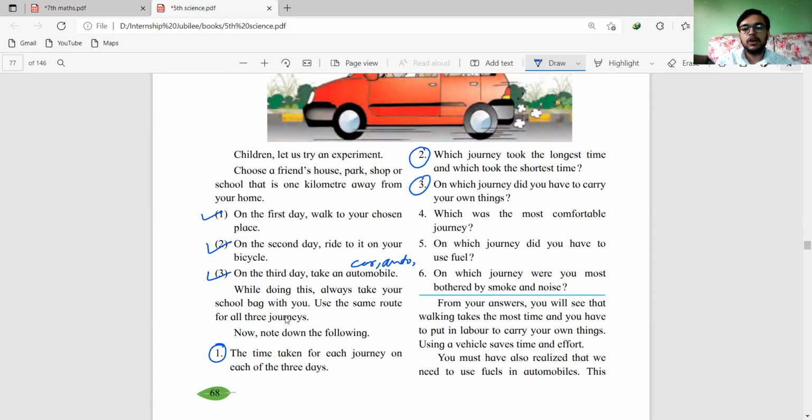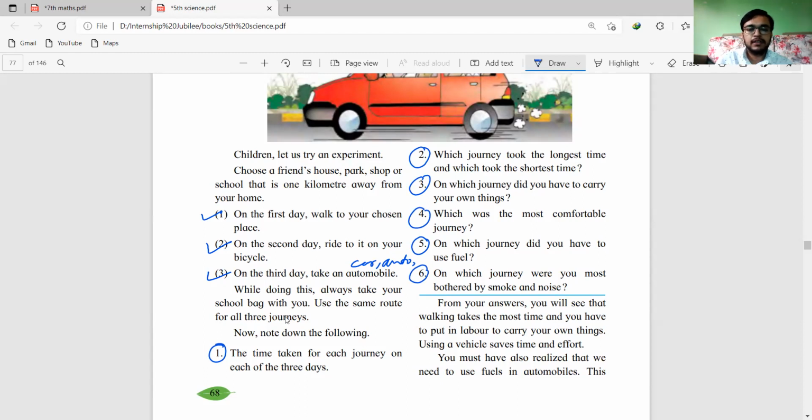Third one is on which journey did you have to carry your own things, right? Fourth one is which was the most comfortable journey. Fifth one is on which journey did you have to use fuel, and sixth one is on which journey were you most bothered by smoke and noise.